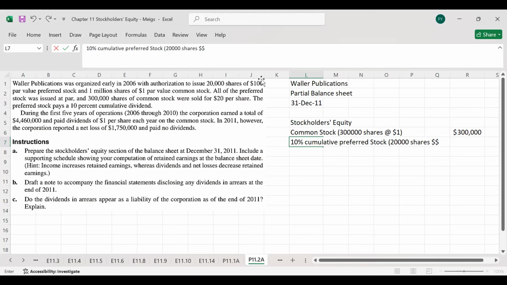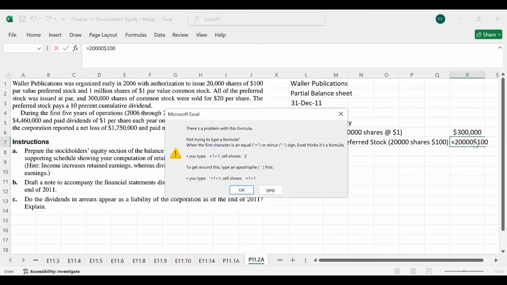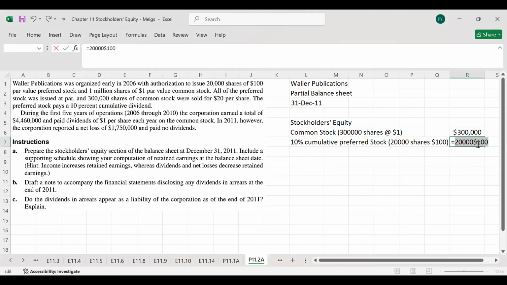So 20,000 multiplied by 100. This is the multiplication. And then we have additional paid in capital, which is actually the premium on your common stock.